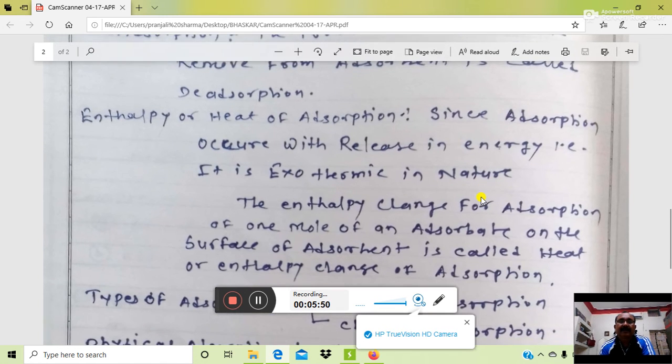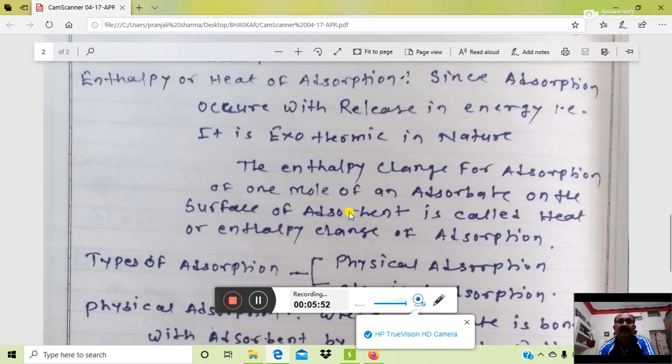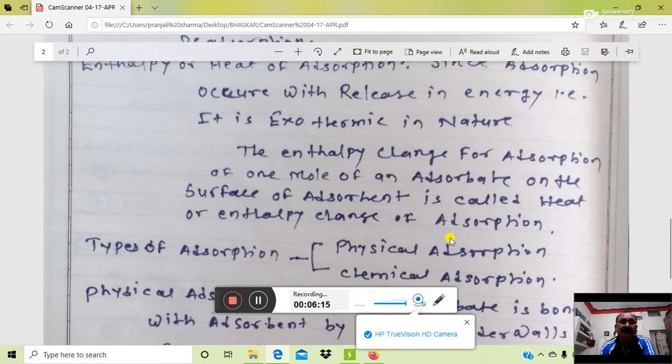The enthalpy change for the adsorption of 1 mole of an adsorbate on the surface of an adsorbent is called the enthalpy change of adsorption. That means during adsorption, if 1 mole of adsorbate forms the outer layer on the adsorbent, then it releases heat, which is called the enthalpy change of adsorption.